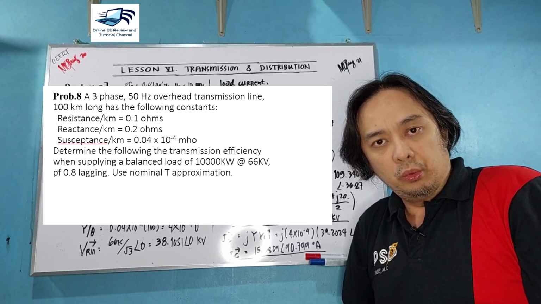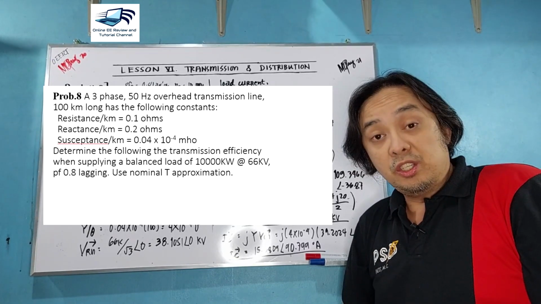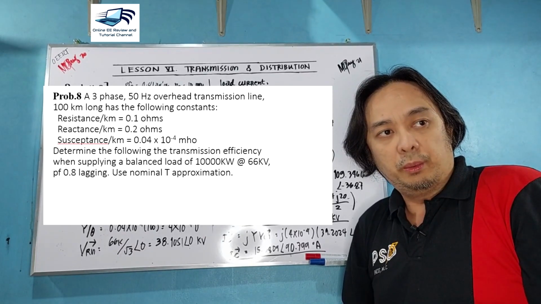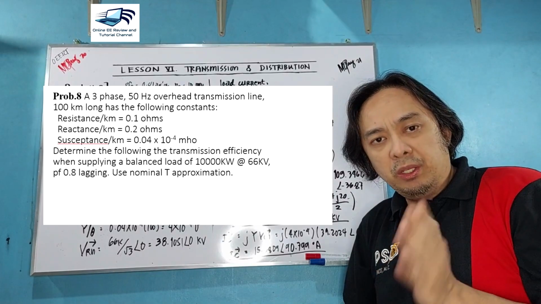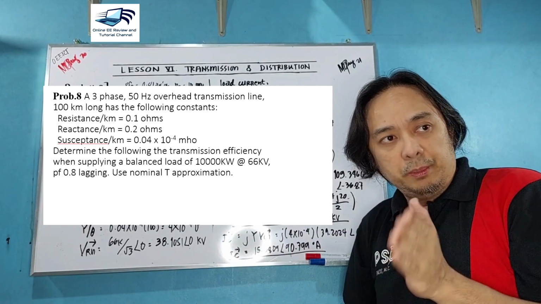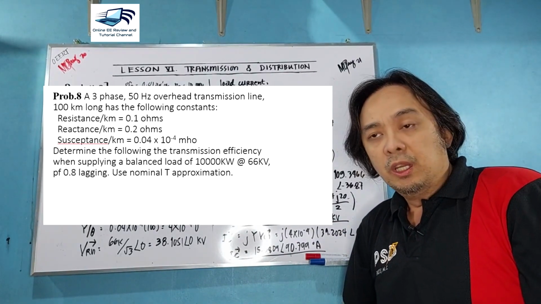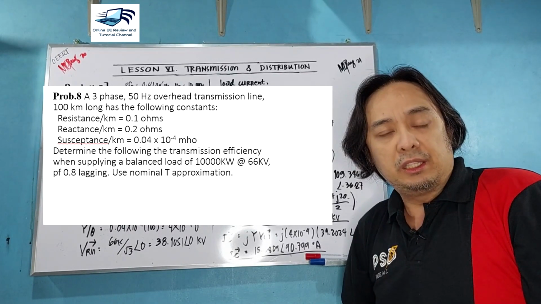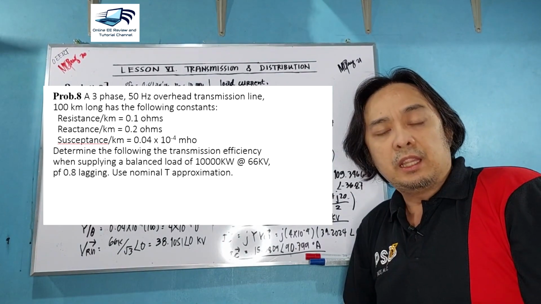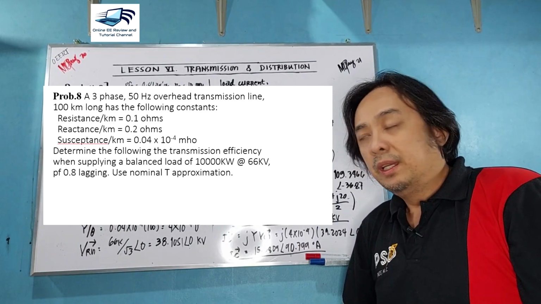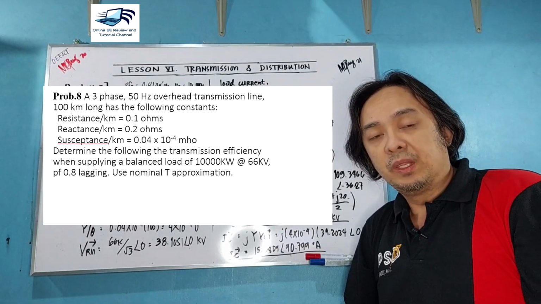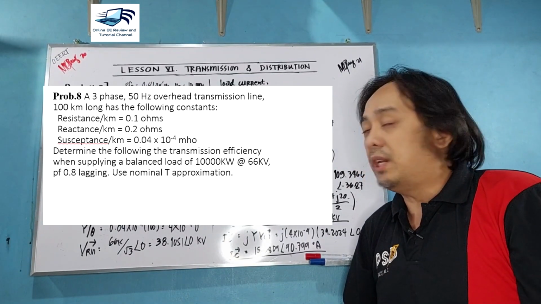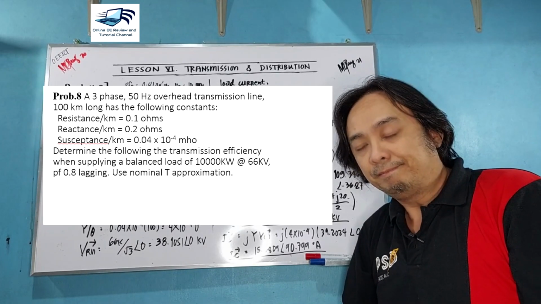R is 0.1 ohms, reactance is 0.2 ohms, susceptance 0.04 times 10 to the negative 4 mhos, and our main goal here is to determine the transmission efficiency when supplying a balanced load of 10,000 kilowatt at 66 kilovolt at a power factor 0.8 lagging, and we will use a specific line, in this case a medium line, which is a nominal T approximate.